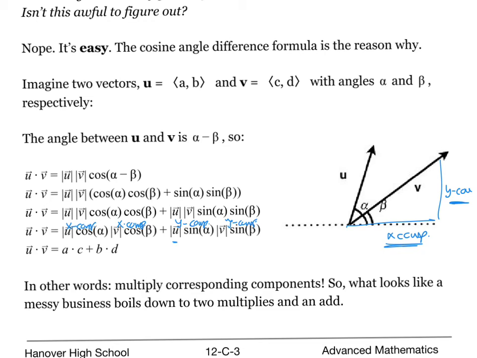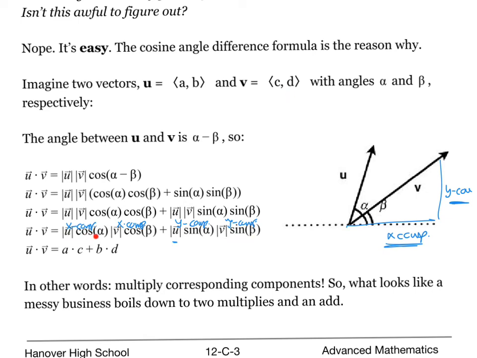So going back up here, you remember we defined vector u as having components a and b, and vector v as components c and d. So that means vector u's x component is really just a, and vector v's x component is really just c. Vector u's y component is really just b, and vector v's y component is really just d.